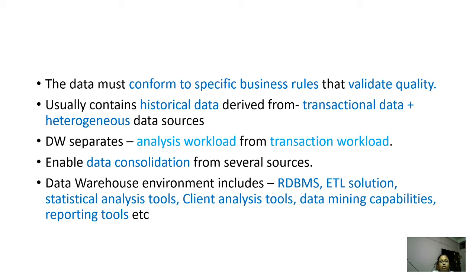It means we may use the data for performing some transactional operations, for example create, update, delete, those CRUD operations, and also we may use it for analysis purposes, so that we can prepare some reports and take some business decisions based on our analysis. This way, the data warehouse consolidates data from a variety of sources.